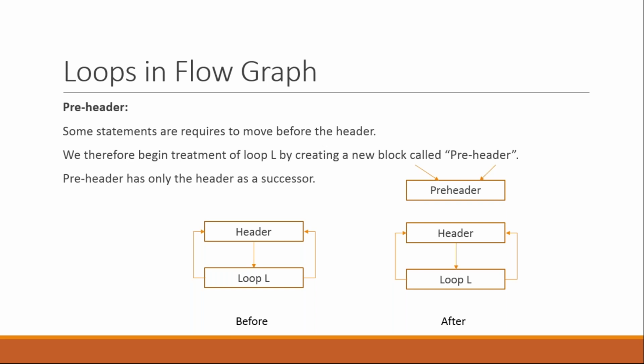Because it is the predecessor of the header node of my loop. So before the header in a loop, if I remove something out of my loop and add it before the loop, then that section is known as the pre-header for my loop, right?